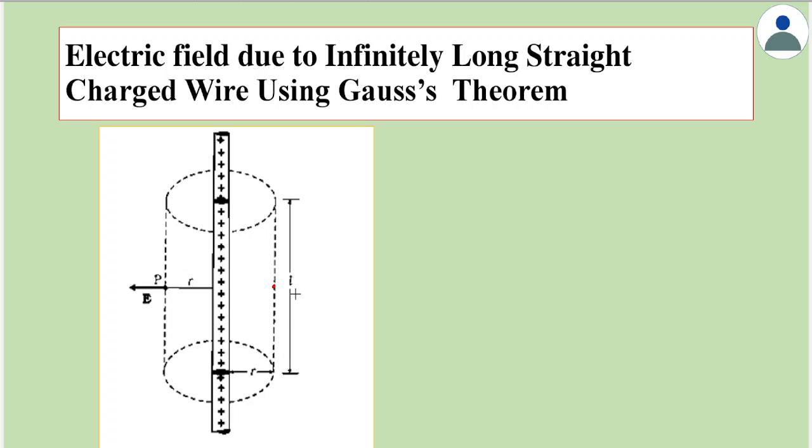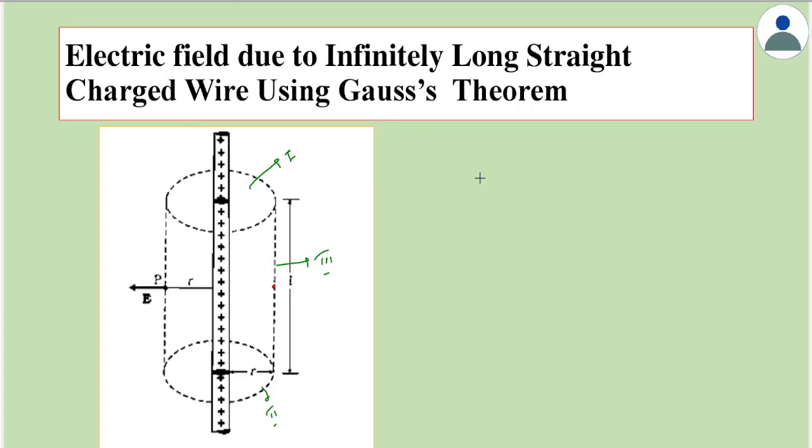Let L be the length of the cylinder and let the cylinder radius be small r, such that the point P lies on the cylinder. Here we can divide this cylinder into three areas, that is the circular bases at the top and bottom, let us call them 1 and 2, and the curved part. So we have three surfaces.